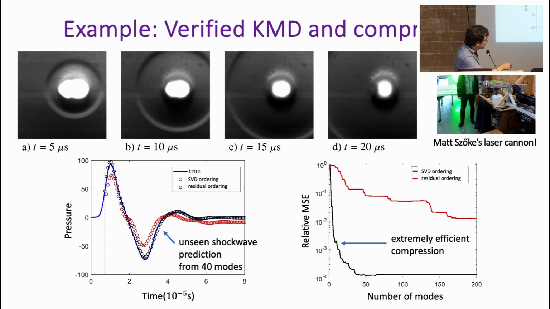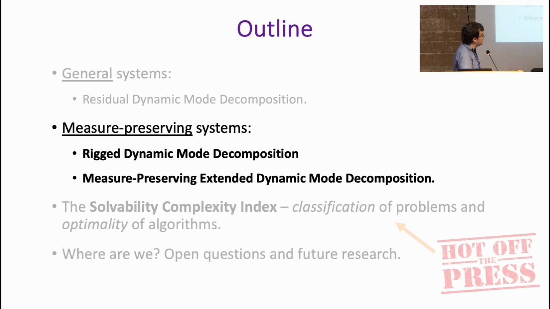And then you see this much better compression of the system. This is because, for this particular example, it's very hard to capture it with a linear model. So that's ResDMD. I'm going to link this to other methods at the end and also give you some open problems. But now we're going to move to measure preserving systems.